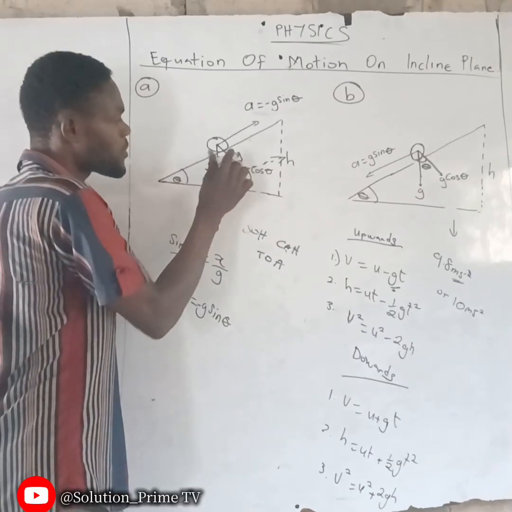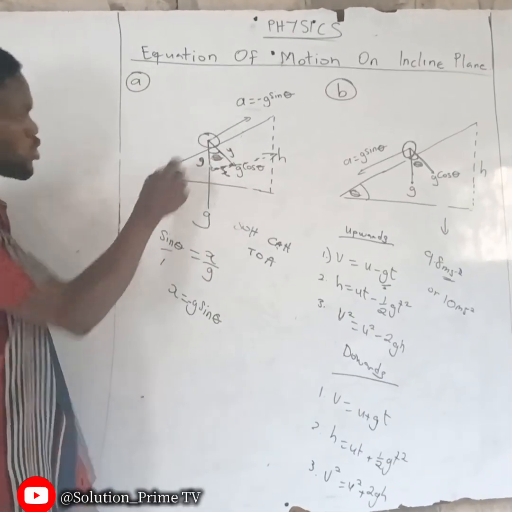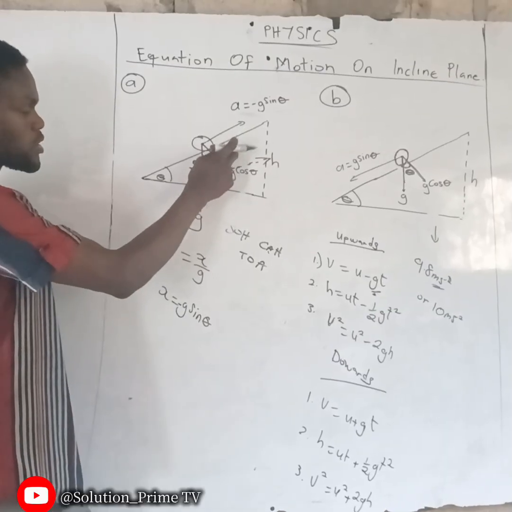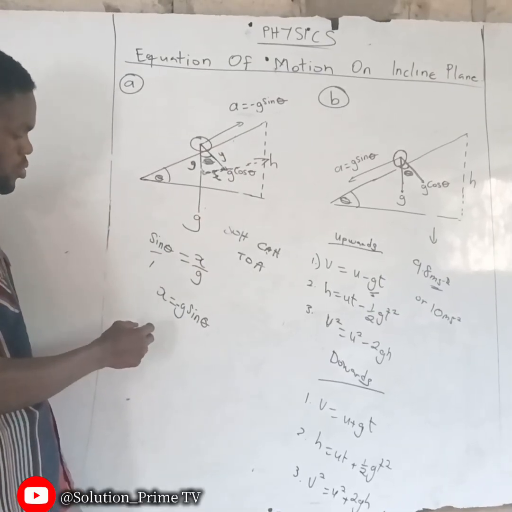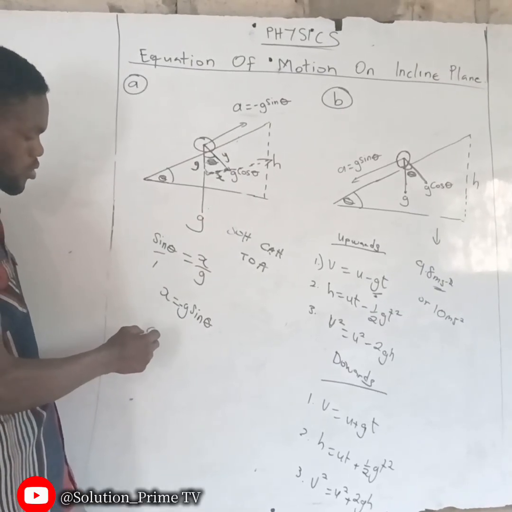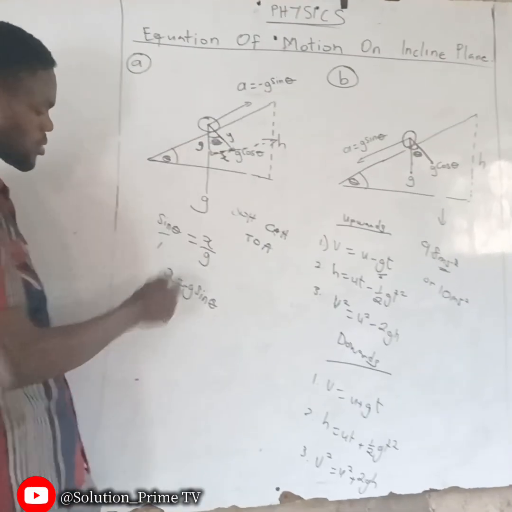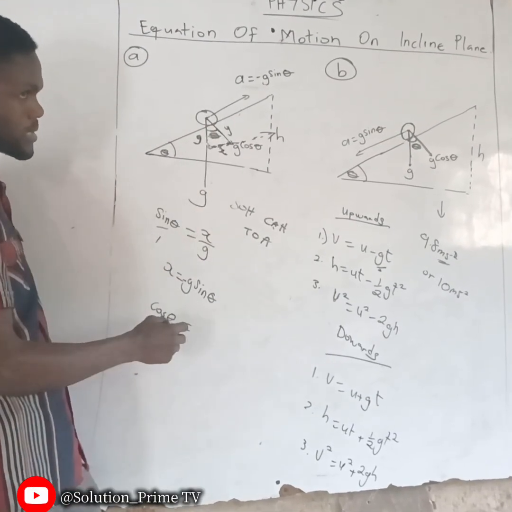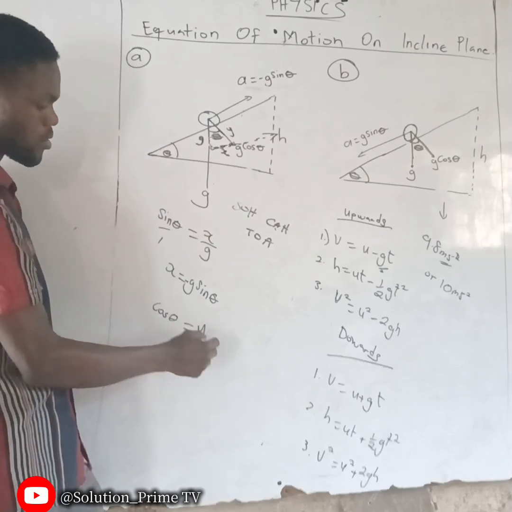So I have x and y. I'm going to have adjacent. This angle is adjacent to this. So cos the angle theta is equal to what? Adjacent, y over what?